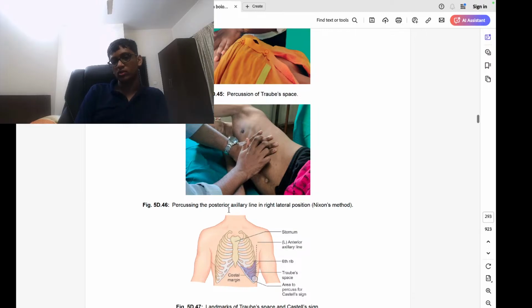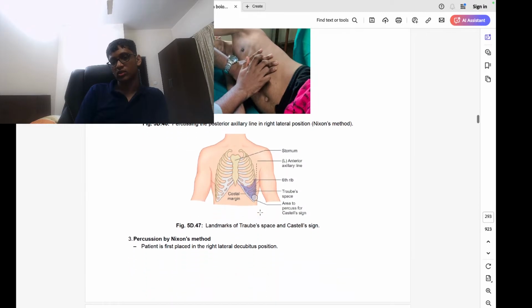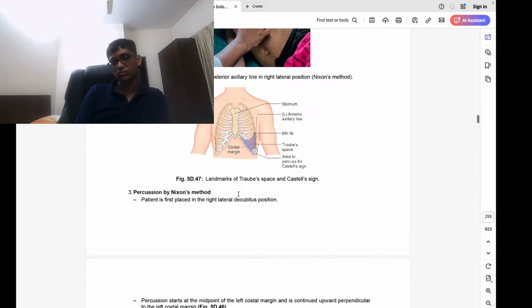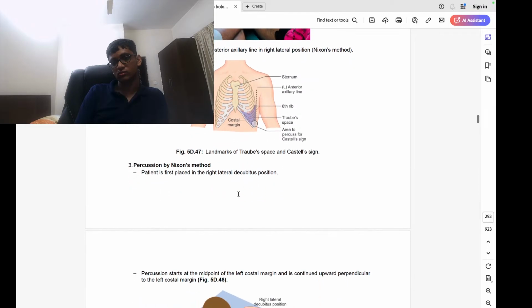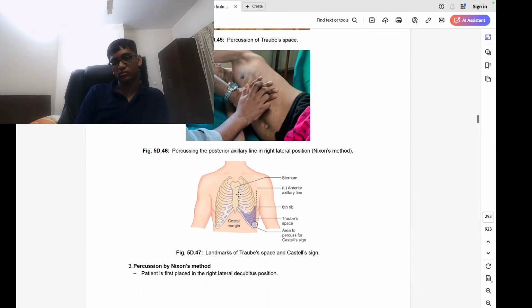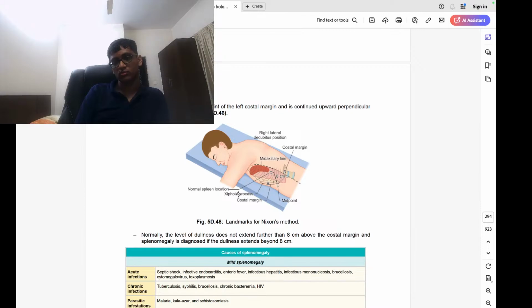Posterior axillary line in right lateral position, which is Nixon's position. This is the Traube line. Percussion starts at the midpoint of the left costal margin and is continued upwards, perpendicular to the left costal margin.